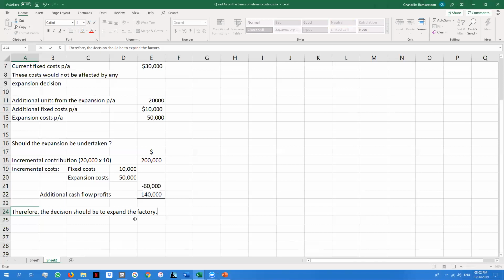And that's why, again, you need to hold on to those three important points about any relevant cost. It must give rise to a cash flow implication, must be a future cost, must be affected by the decision. All three, not either A, B, or C. So the decision should be to expand.